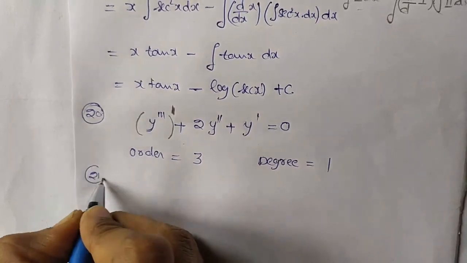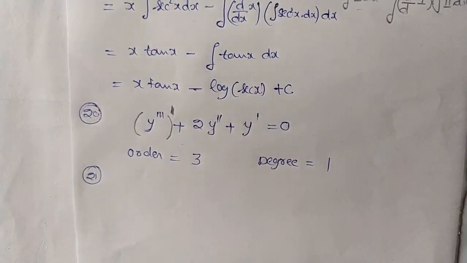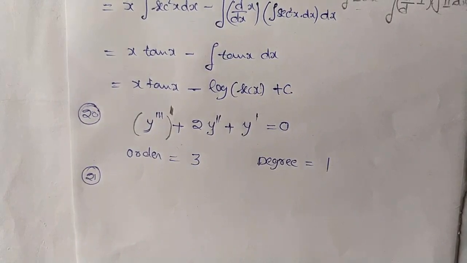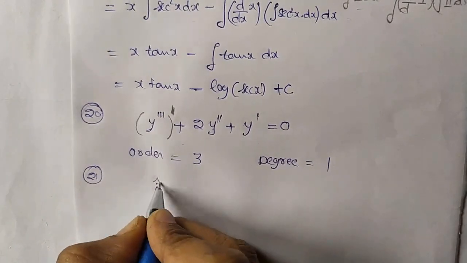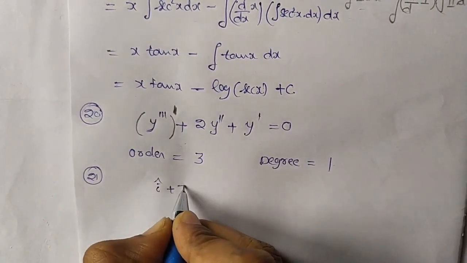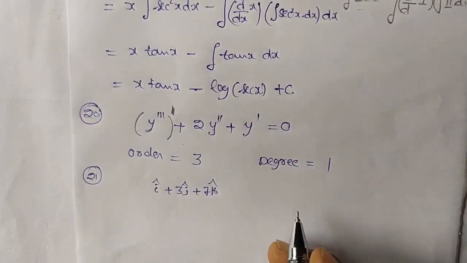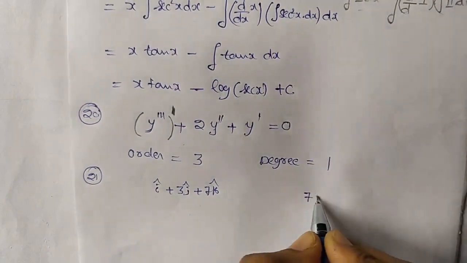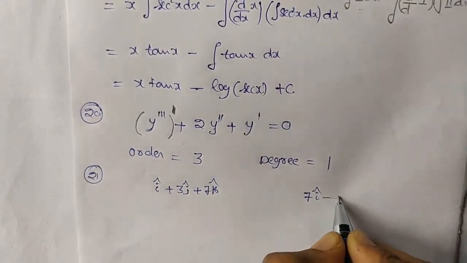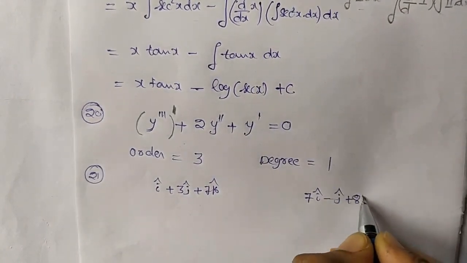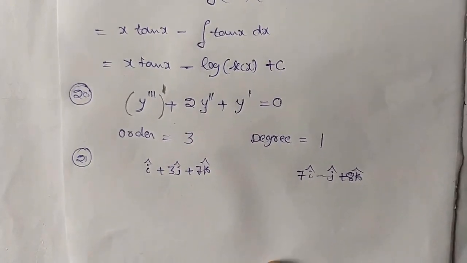Next, see question number 21. Find the projection of the vector i plus 3j plus 7k on the vector 7i minus j plus 8k. We have to find the projection of the vector.